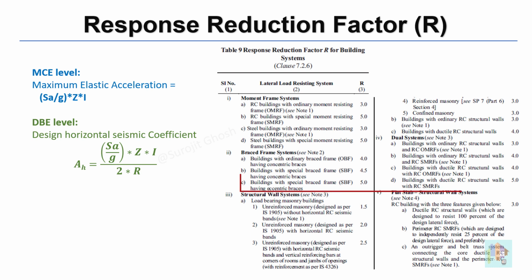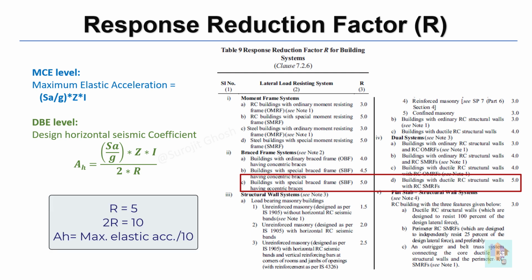For any special moment resisting frame or structure with RC wall, this factor is 5, which means we are considering only 1/10 of the actual seismic force for design.